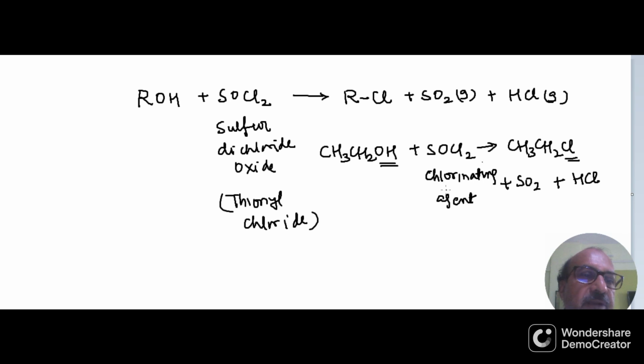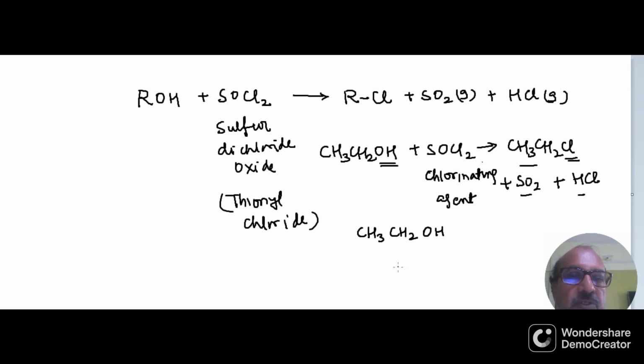One problem with this reaction is that it's difficult to remember that these are the three products starting from SOCl2. In order to make it simplified and so that you can understand and remember the products formed, you can split the SOCl2 in this way, and that will help you to remember the reaction.